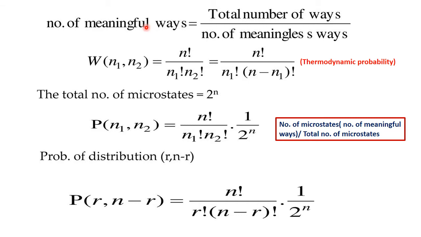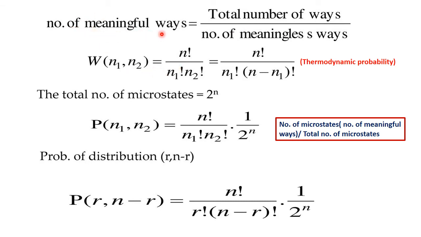It is equal to the microstate of the system, because the microstate gives you the proper arrangement of particles, which is called meaningful ways. Meaningful ways is the total number of ways divided by the number of meaningless ways.